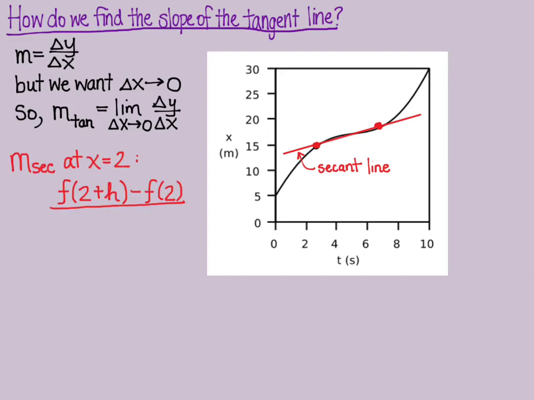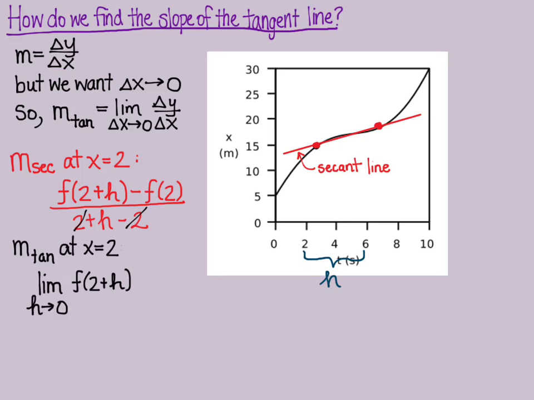The slope of the secant line at x equals 2 in this example is f of 2 plus h minus f of 2 over 2 plus h minus 2. Notice that the 2's in the denominator cancel, and we're left with the change in the x values really is just h.